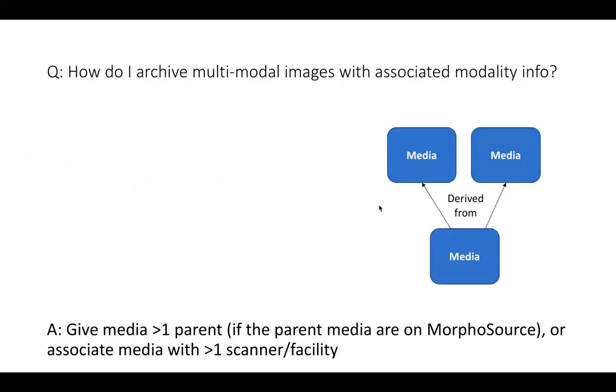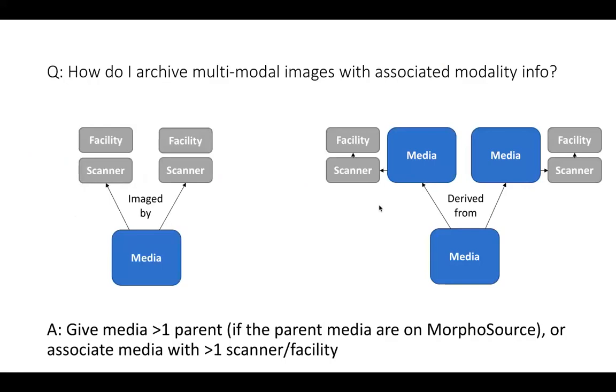And if you have multiple parents, then you'll get that facility and scanner metadata per parent. But also, if the parents aren't on MorphoSource, you can directly associate one media record with multiple scanners.